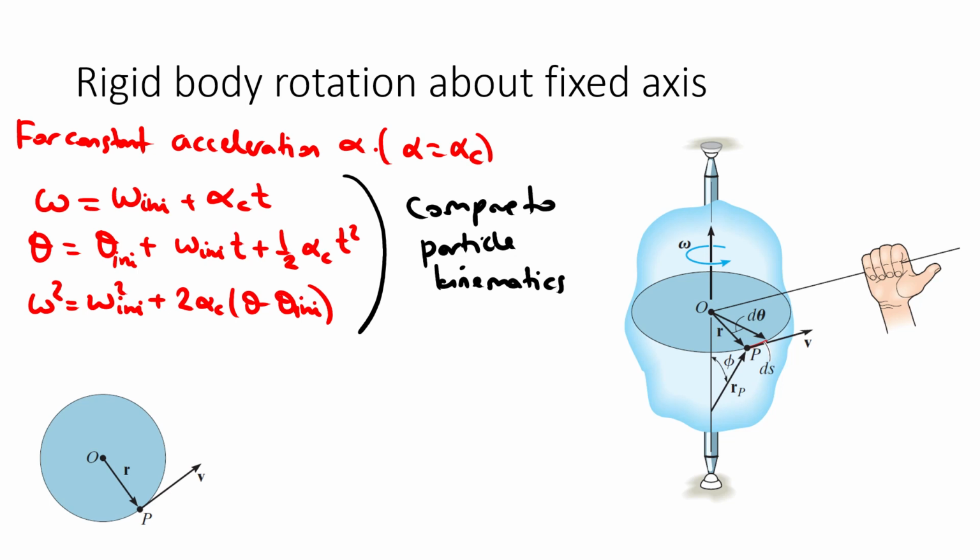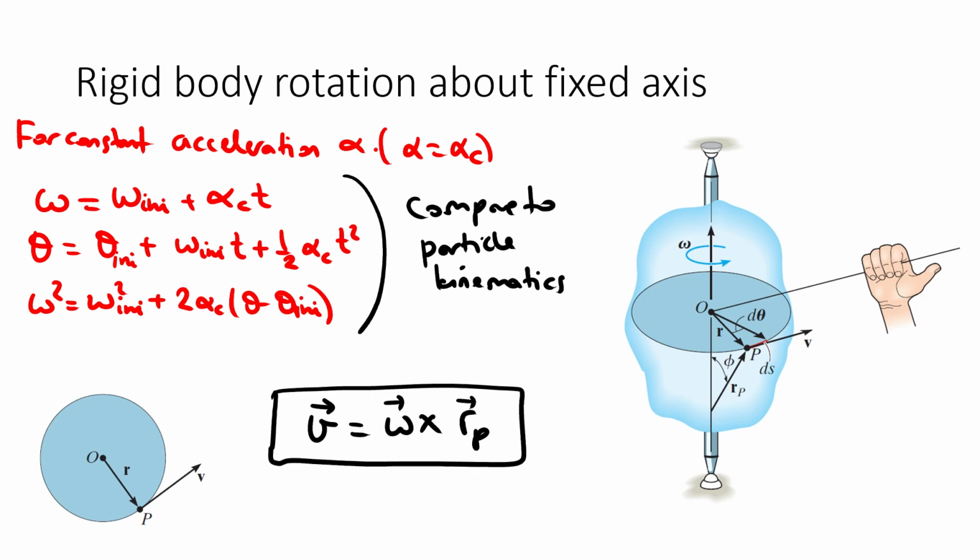One more thing I should add is that the velocity is omega cross the position vector r_P. You can see this is the r_P to any point on that rigid body, crossed with omega, which is the rotational speed, and then you get the velocity.